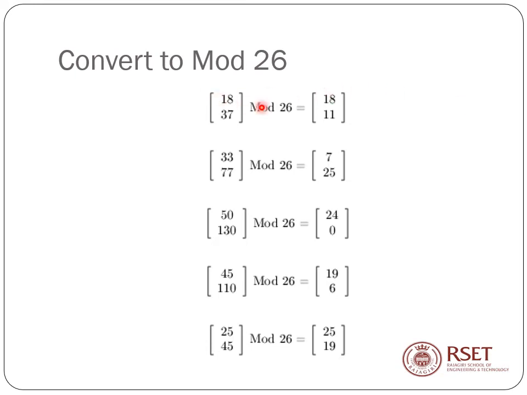So what you do is 18 mod 26, 18. 37 mod 26, just take the remainder, 11. 33 mod 26, 7. 77 mod 26, 25. This goes on. So look at these cases. All these vectors were converted to vectors whose elements are in the range 0 to 25. Now I know how to convert these numbers to characters.